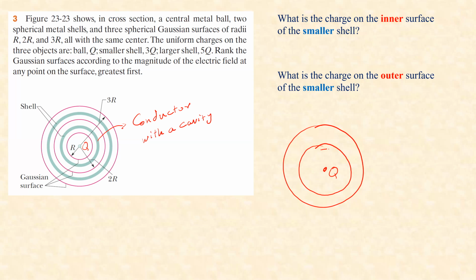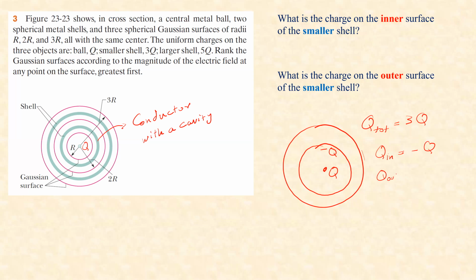So negative Q comes to the inner surface, and the balance should come out at the outer surface. The total is 3Q, but we have negative Q here. So Q in equals negative Q.